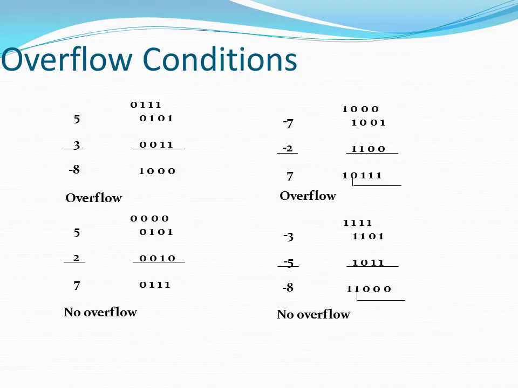So in this case carry in and carry out are equal, so there is no overflow. Finally, we find out whether overflow has occurred in addition by verifying the carry in and carry out. Whenever they are not equal, overflow has occurred.